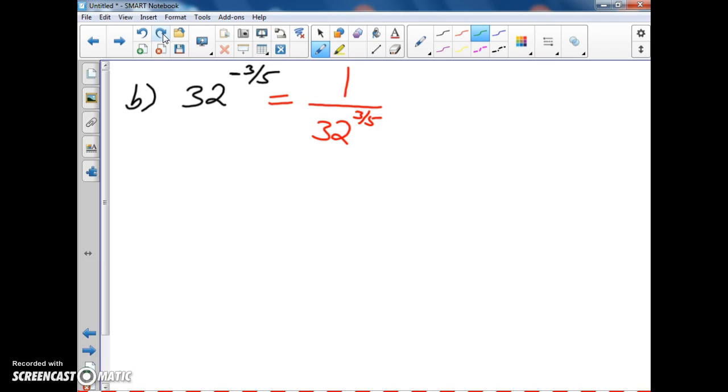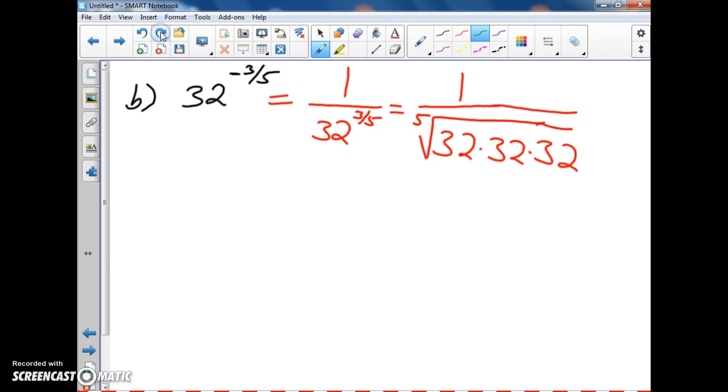Okay, and you tell me this, what does 32 to the 3/5 mean? That means the 5th root of 32 to the 3rd power, the 5th root of 3 32s. Right, the 5th root of 3 32s is what that means.